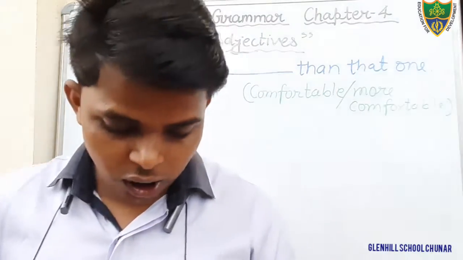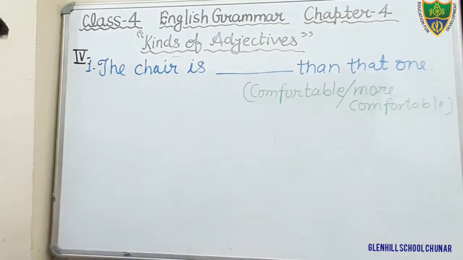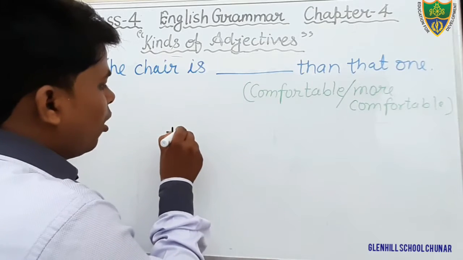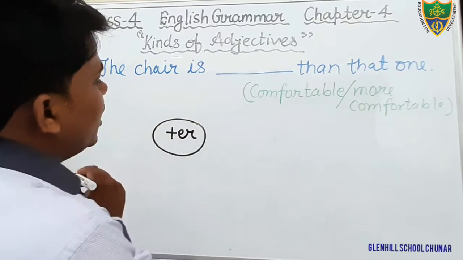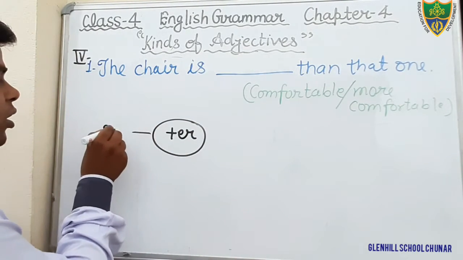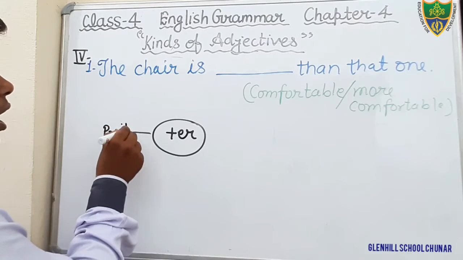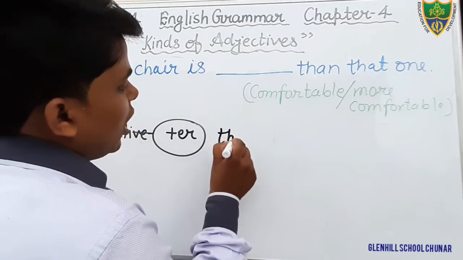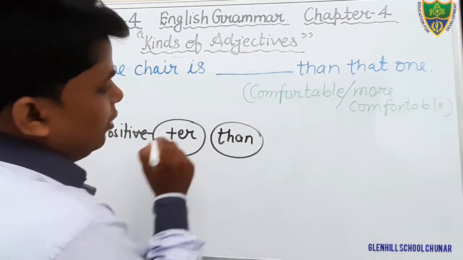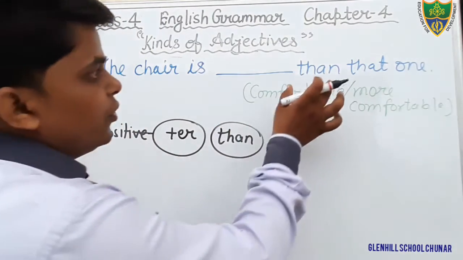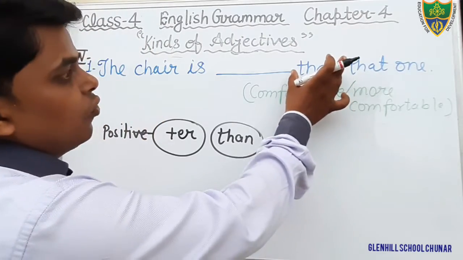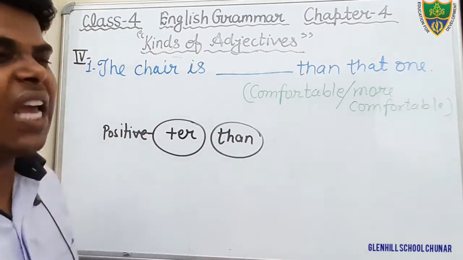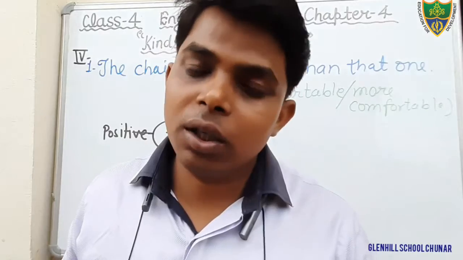One thing I have also told you: how do we form the comparative degree? By adding er to the positive degree, and then we use the word than, and we are also getting the word than here. It means here we have to use what?